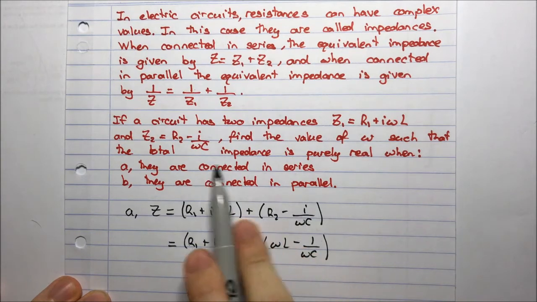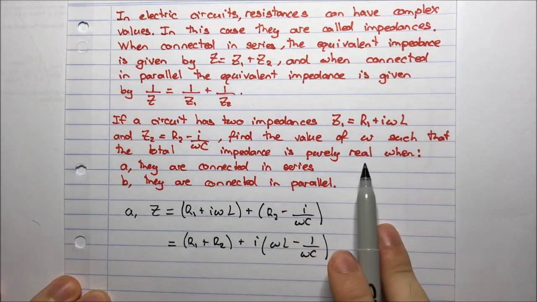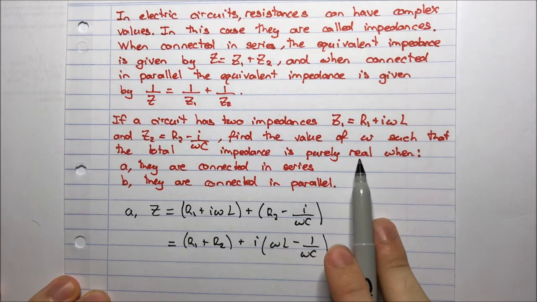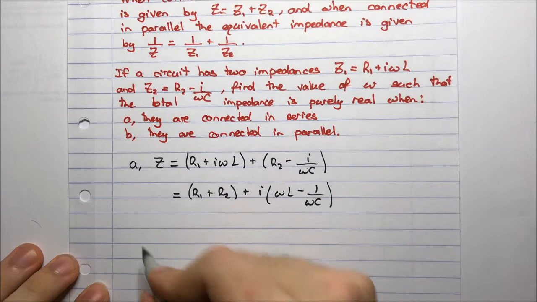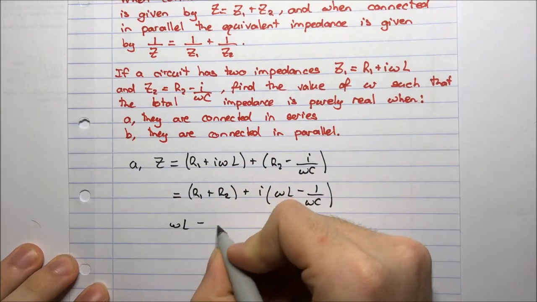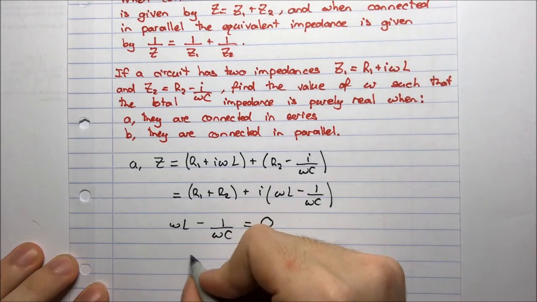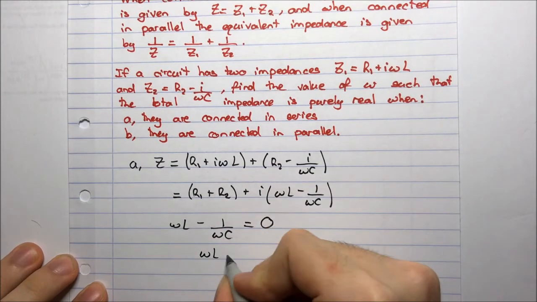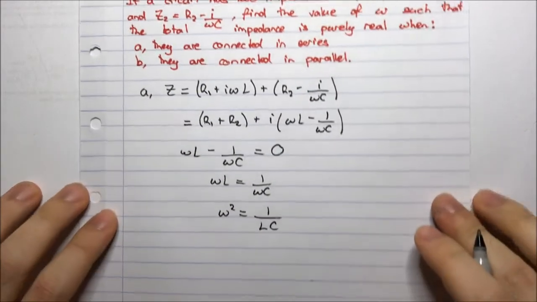Now we're asked for the value of omega that makes the total impedance purely real. So purely real means that the imaginary part is equal to 0. So we want omega L minus 1 on omega C to be 0, which means that we're going to have omega L equal to 1 on omega C. So that means omega squared equals 1 on LC.